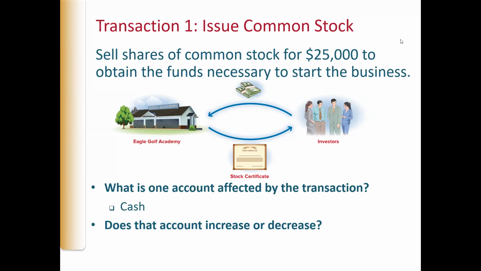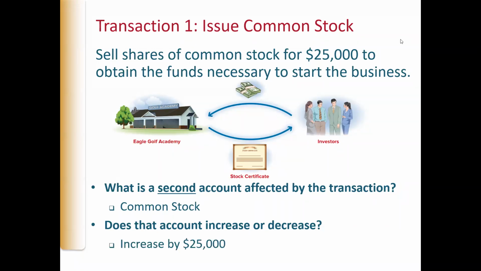Cash is one account that's affected. Does this account increase or decrease? Increase. Yay, it increases by $25,000. And then we know the second account is common stock. And does that account increase or decrease?